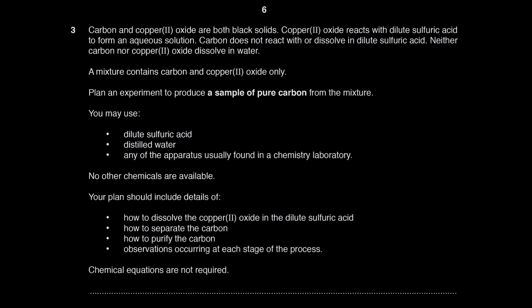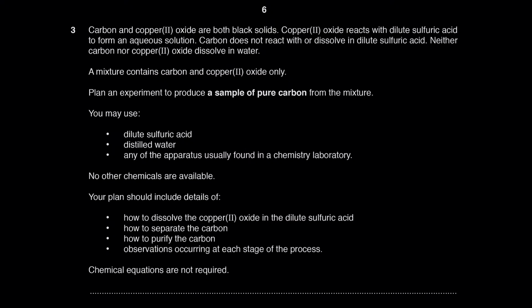Carbon and copper oxide are both black solids. Copper oxide reacts with dilute sulfuric acid to form an aqueous solution. Essentially what's happening is there's copper oxide, which is a black powder, and there's carbon powder, which is a black powder. They're mixed together, and you want to figure out a way to separate it.